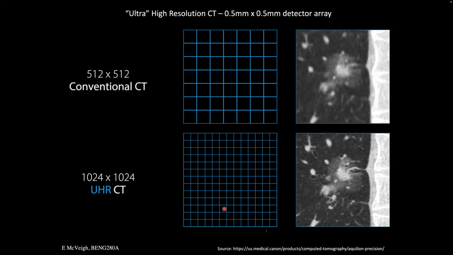But the question is, can you see any new features that are going to be clinically relevant? And here's a very fine, small nodule in the lung. And this is what it looks like under normal resolution.